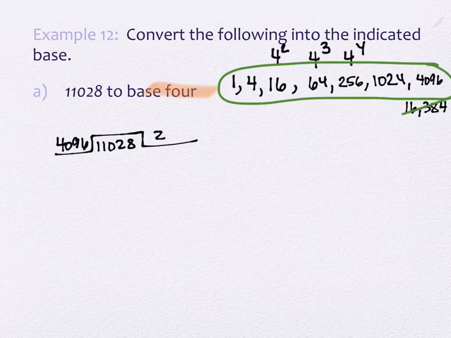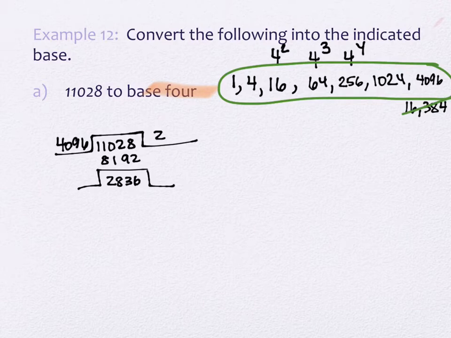And what is 2 times 4,096? 8,192, and then we subtract. Okay, so what's 11,028 minus 8,192? I have 2,836 written down. Okay, 2,836. All right.